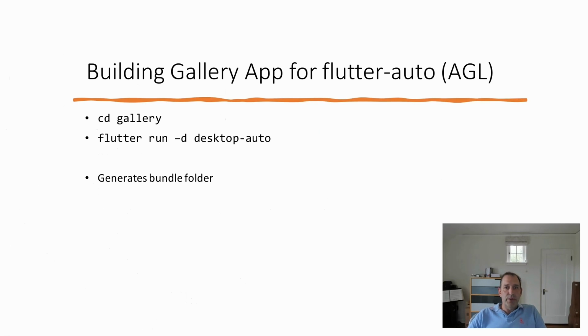So in the case of building the gallery app for flutter-auto, we cd into gallery, we run flutter run -d desktop-auto, and this will generate a bundle folder. Depending on the custom devices installed, it could be desktop-auto, it could be qemu-master, AGL qemu-master, or whatever names are available in your config, and it will generate the bundle folder.